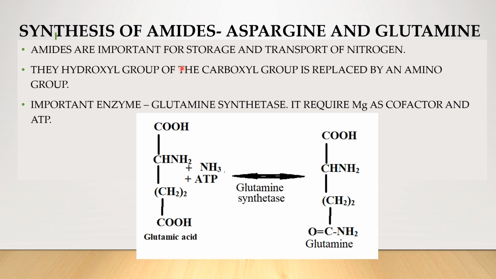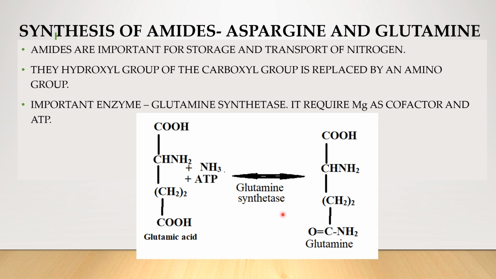We also have synthesis of amides, that is asparagine and glutamine. These amides are important for the storage and transport of nitrogen within the plants. The hydroxyl group of the carboxyl group is replaced with an amino group. Here you can see alpha ketoglutaric acid takes up ammonia in the presence of ATP.